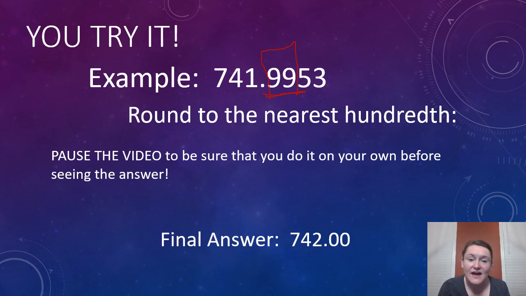When we look at this 5, we know the 5 is going to force this 9 to round up. Because 9 can't go up to anything, it forces the place to the left of it to round up, but that's a 9 also. So now that 9 needs to round up, but we can't round up a 9 to anything, so that forces the place to the left of it to round up.